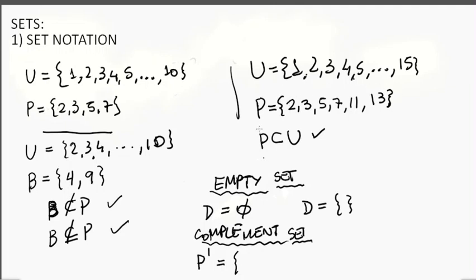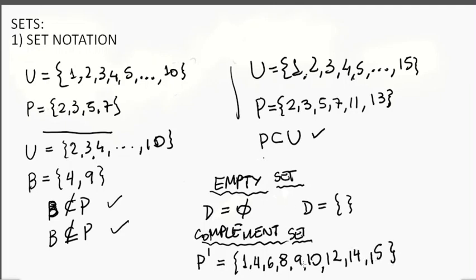P. So I've got 1, which is not here. 2 is in P, 3 is in P, so 4, and we could keep going forward. So 6, 8, 9, 10, 12, 14, and 15.